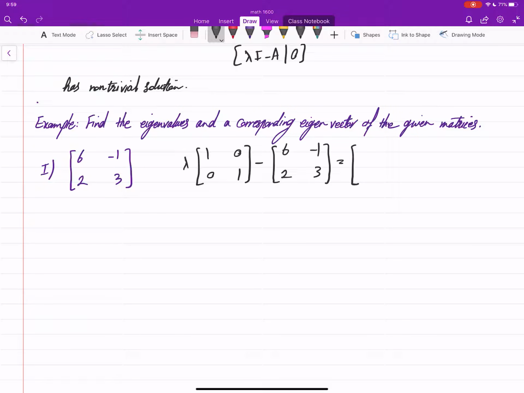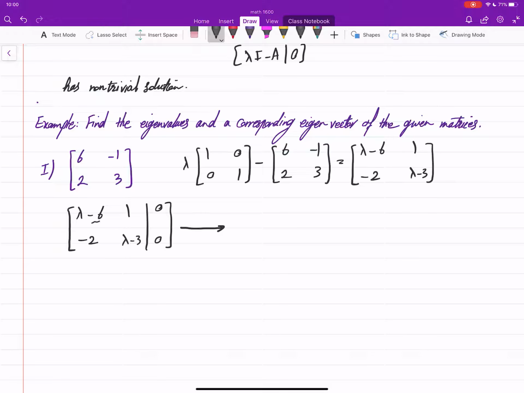This is lambda minus 6, 1, negative 2, and this will be lambda minus 3. So then form the augmented matrix: lambda minus 6, 1, and negative 2, lambda minus 3, 0, 0. For what values of lambda does the system have a non-zero solution? Well, let's just row reduce it.